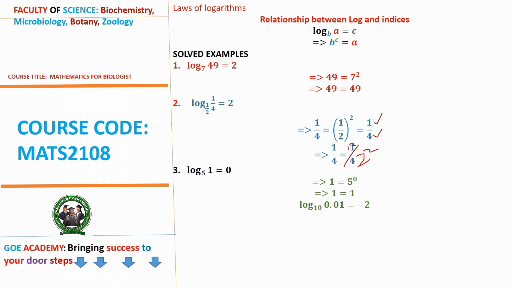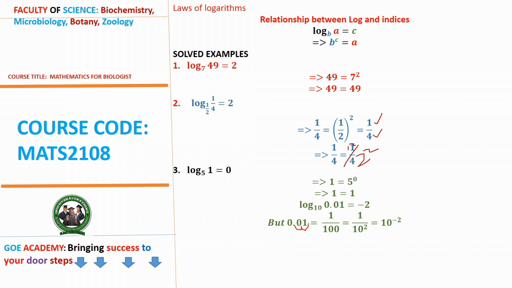If we have log 0.01 base 10 equals negative 2 as our next example, this is a simple example. From the previous examples, we know that 0.01 can be simplified as 1 all over 100, since we have moved 2 places to the right in order to arrive at the whole number position.